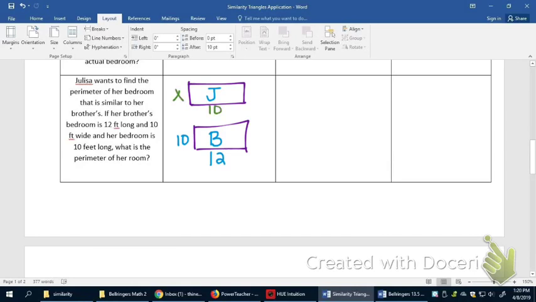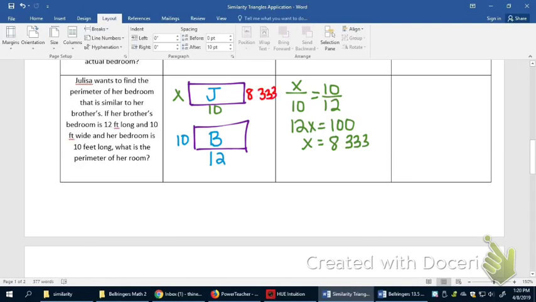Okay, so let's set it up to find the width. X over 10 equals 10 over 12. Cross multiply, you'd get 12x equals 100. And then you divide. Okay, and what that tells me is that Julia's width is 8.33.